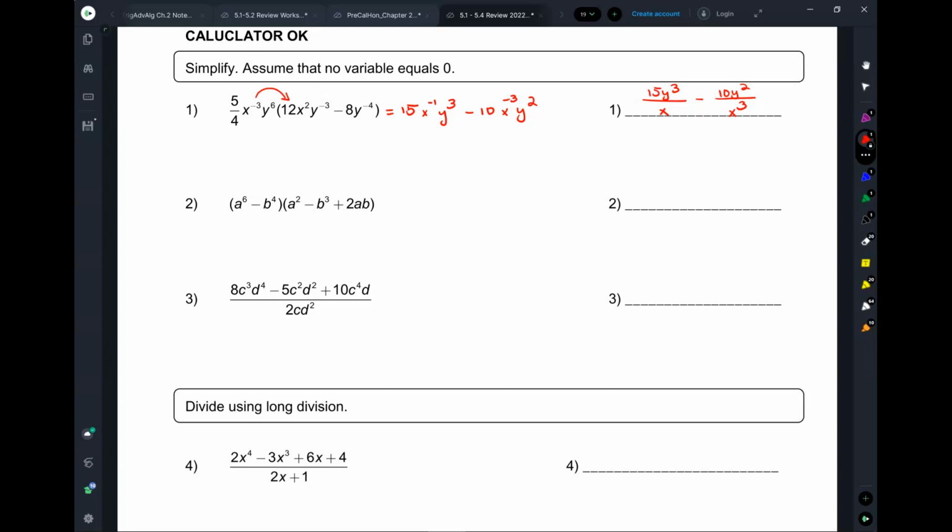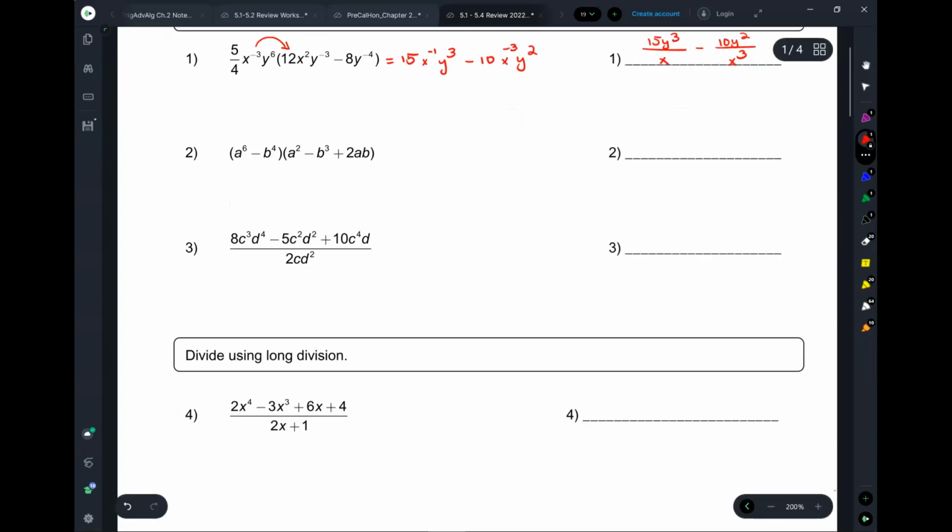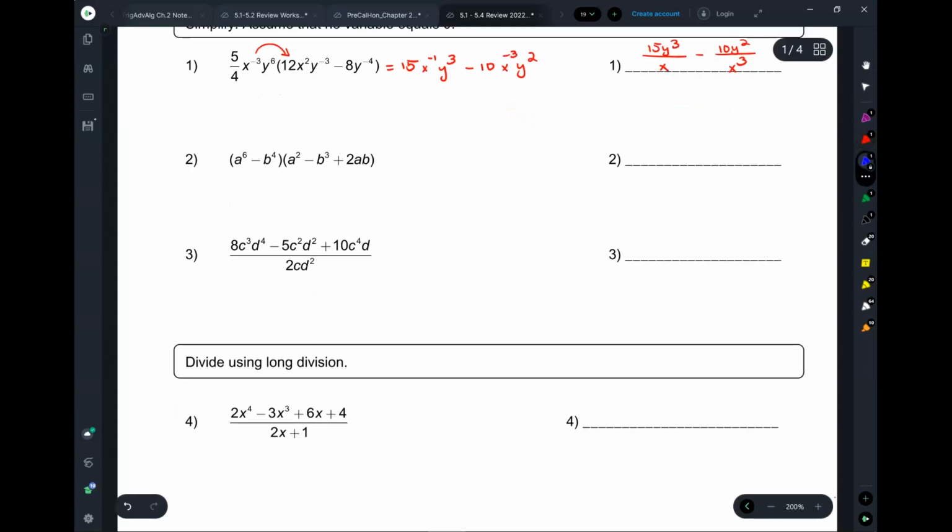Okay. Next. Here we're going to distribute first a to the 6. So everybody gets a to the 6. We're going to get a to the 6 times a squared, that's a to the 8, minus a to the 6b cubed, plus 2a to the 7b.